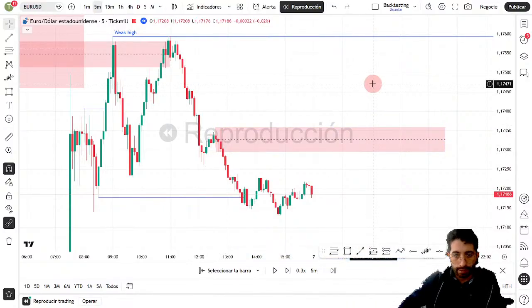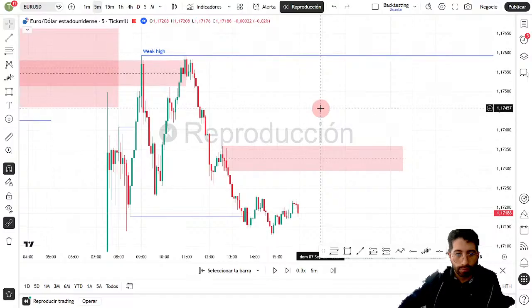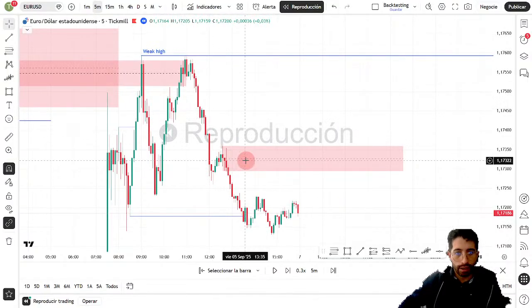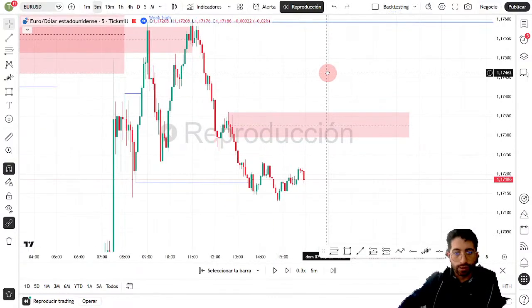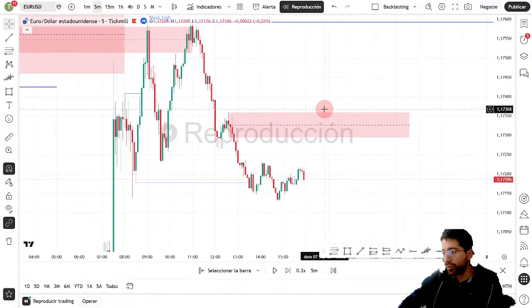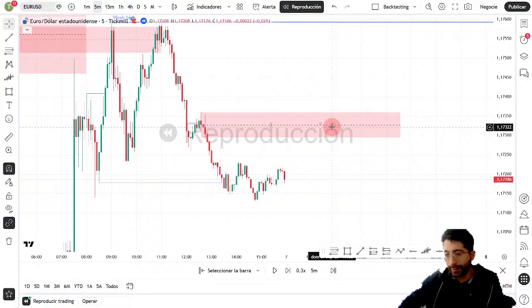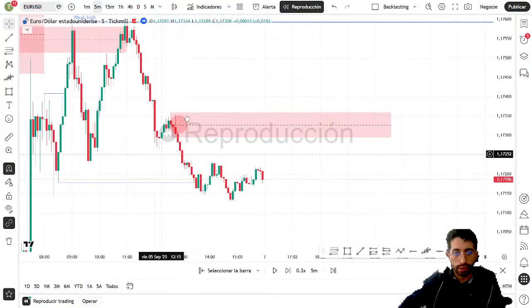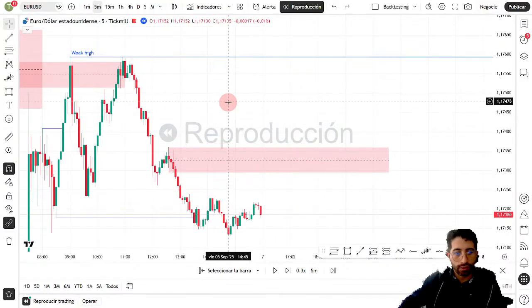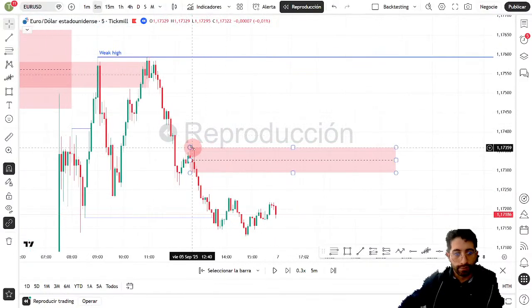Supply. And now we may say that there are other order blocks, because you can see one here combined with an imbalance, and another imbalance right here, and another one here. So the question is, which order block will work the best? Well, for that scenario, we need to watch something called liquidity.